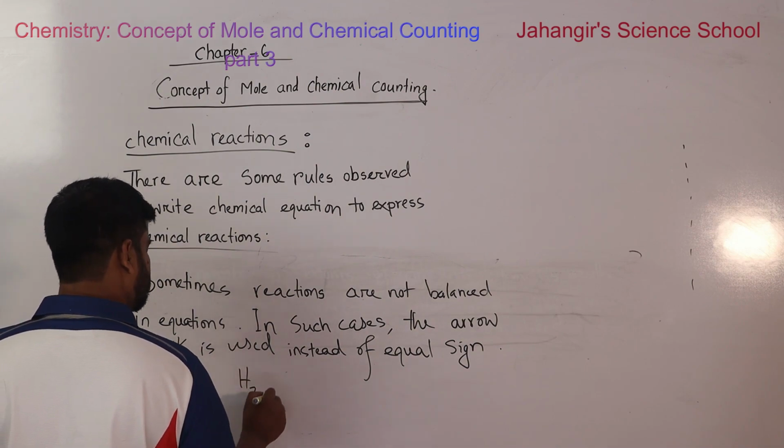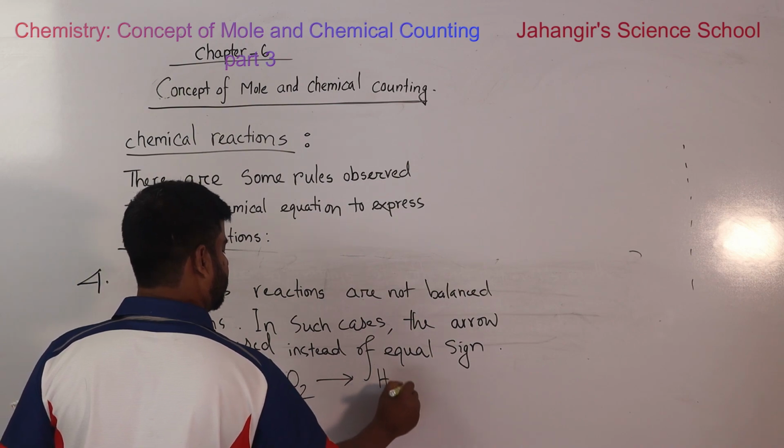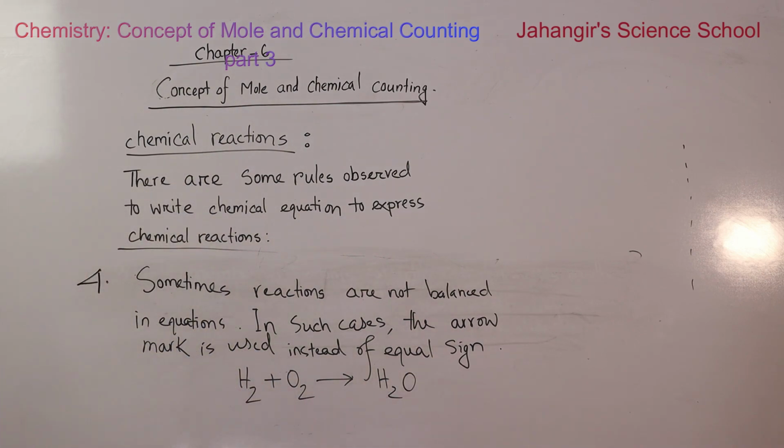Say H2 plus oxygen: when the chemical equation is not balanced, then we use the arrow symbol.